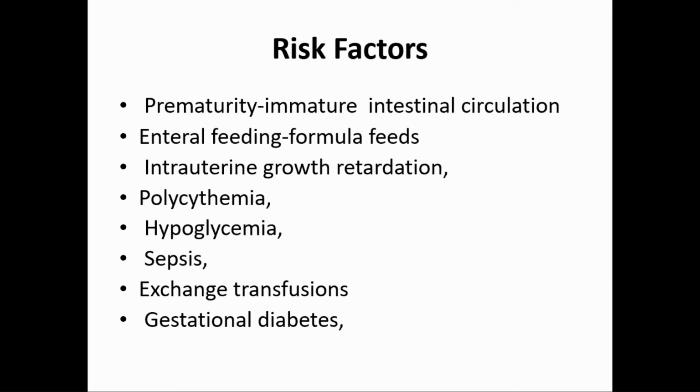That's why the bacteria invade. Once necrosis is there, bacteria will invade, and those bacteria are gas-forming, and they form gas which breaks the intestinal wall and collects in the serosa and in the muscular layer. So these are the necrotizing enterocolitis risk factors. At least two you should remember.